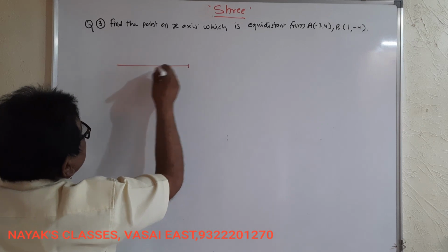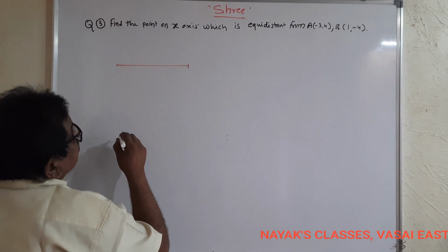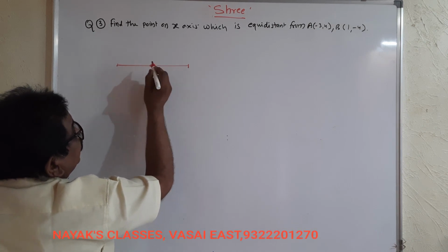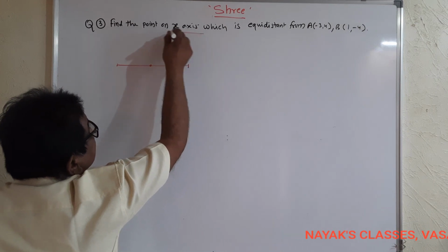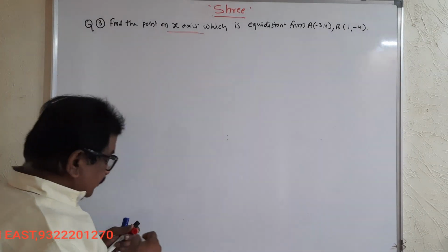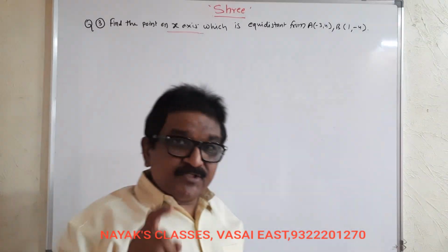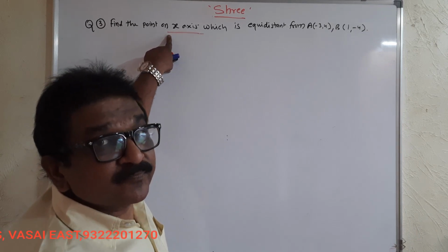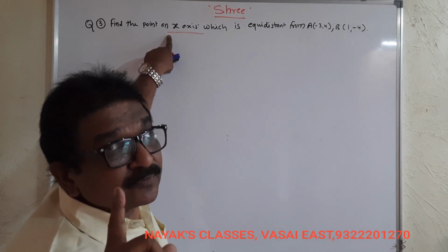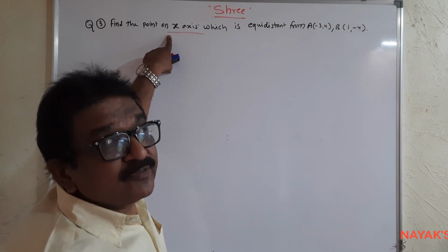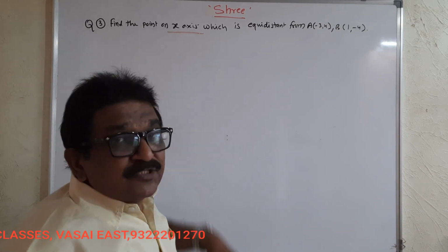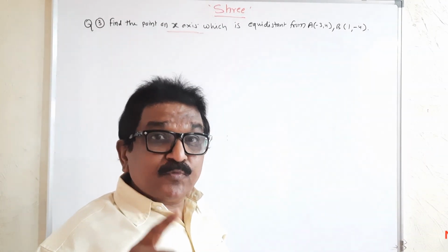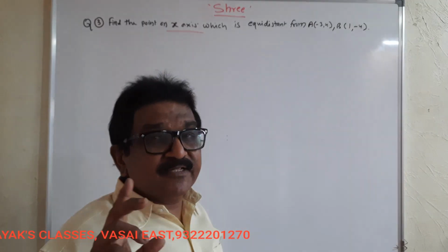There is the x-axis, and the point is lying on it. So when a point is lying on the x-axis, its y coordinate is 0. Correct? Last year I had taught you these things. When a point lies on the x-axis, its y coordinate is 0, and when a point lies on the y-axis, its x coordinate is 0.